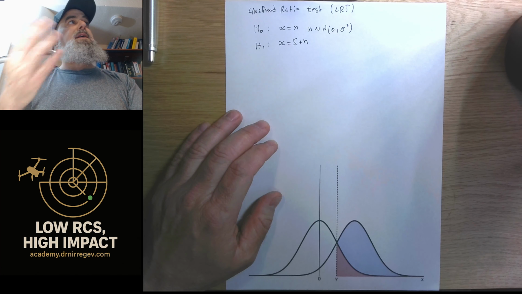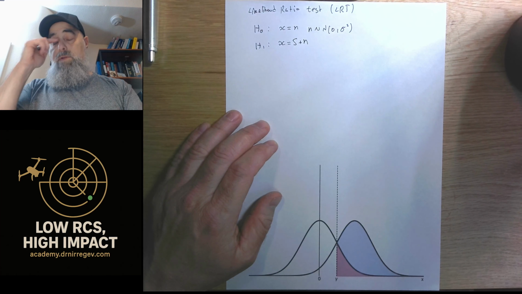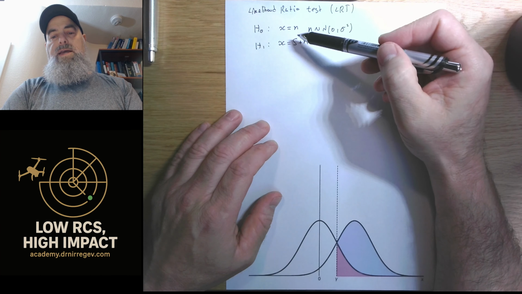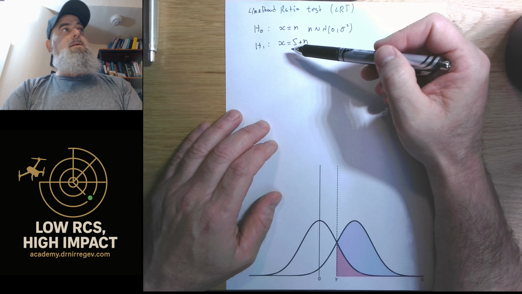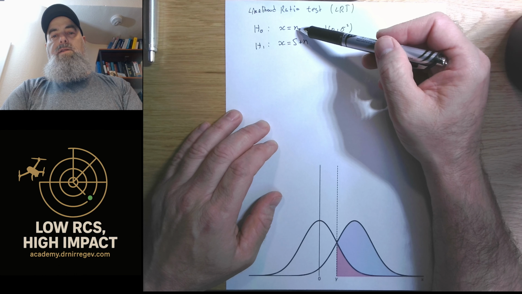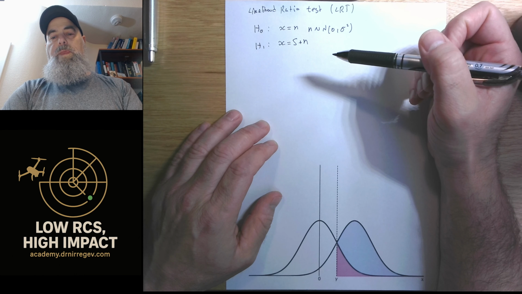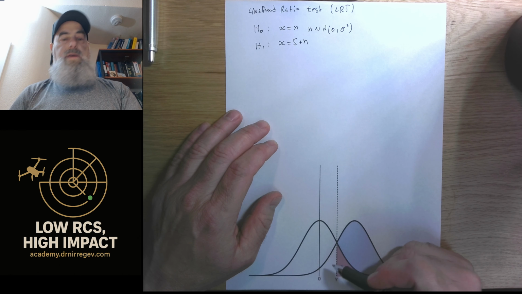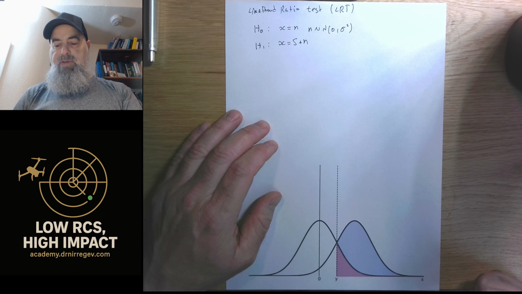Okay, and now we are getting a sample. We're sampling X, and we have to decide, is X representing a signal, or is X representing no signal or only noise?